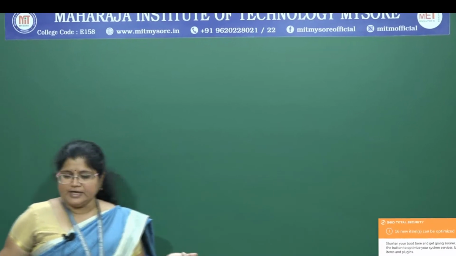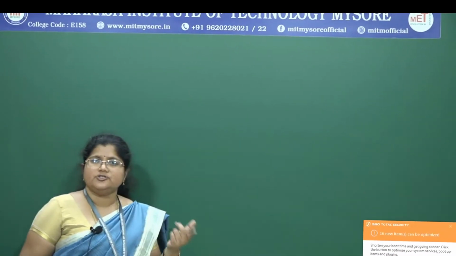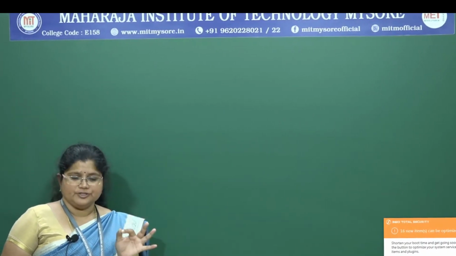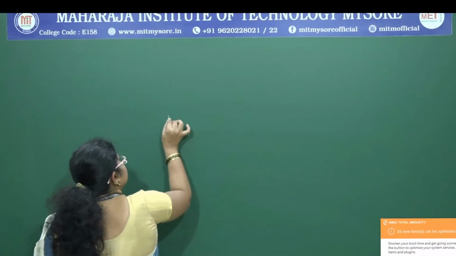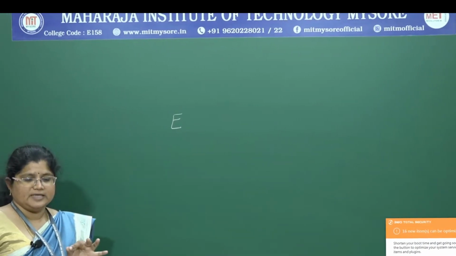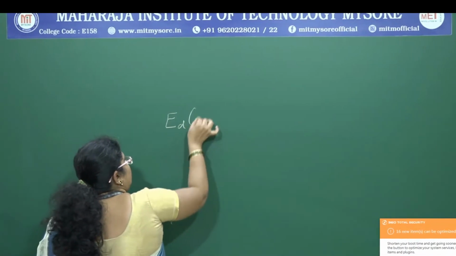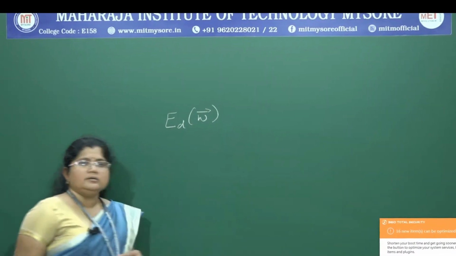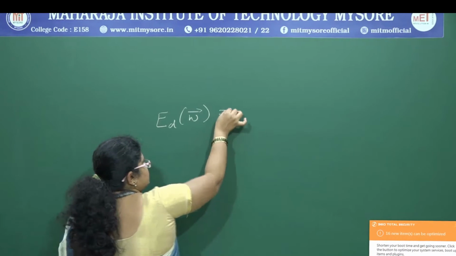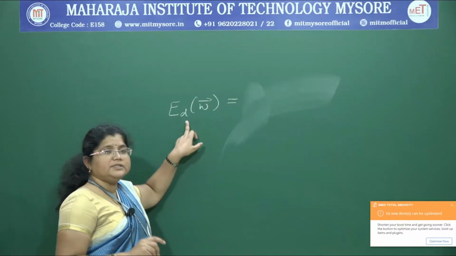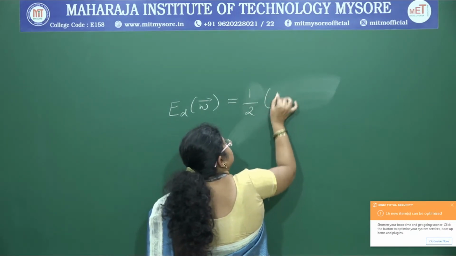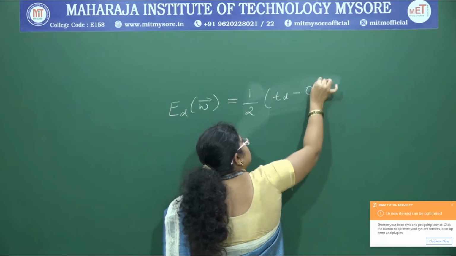One way the stochastic gradient descent works is to consider a distinct error function, that is E_D. Here D represents a particular training example, so E_D of the weight vector is equal to half of (t_D minus o_D) the whole square.